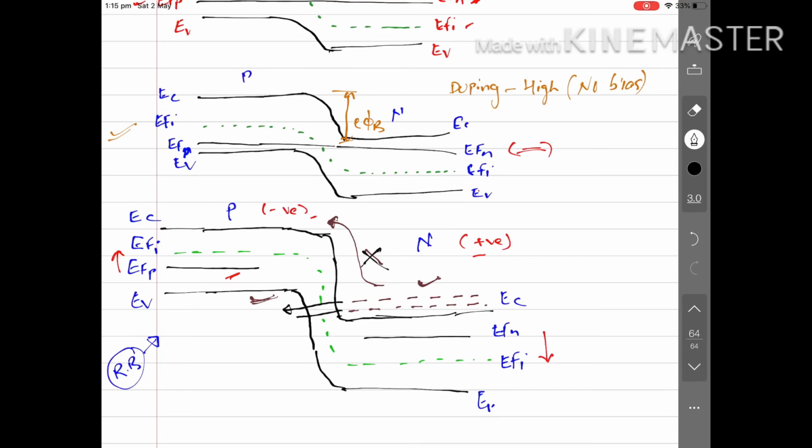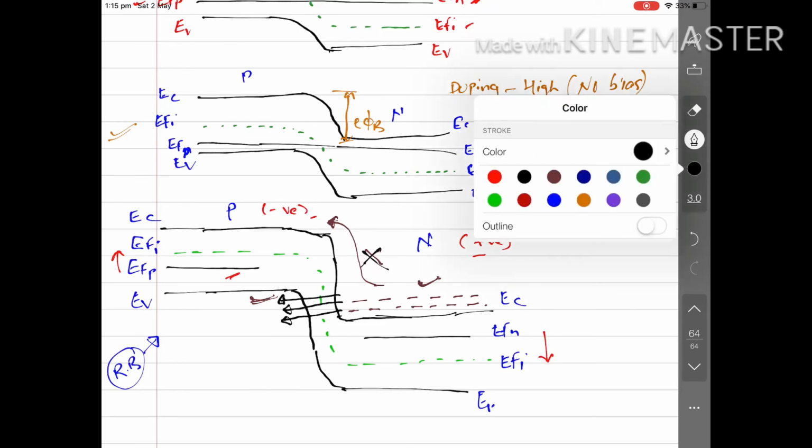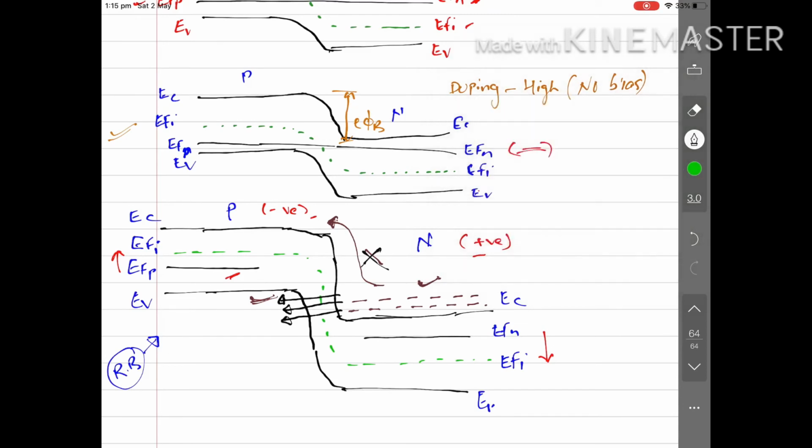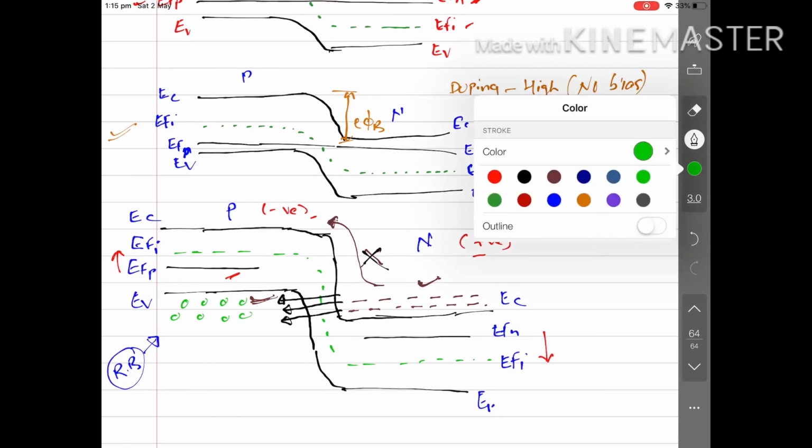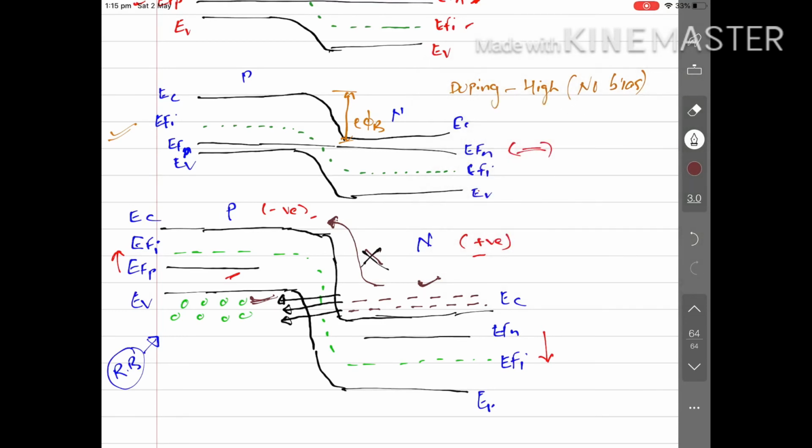So that way electrons move from the conduction band to the valence band, and they recombine with the holes present in the valence band. This type of movement is known as tunneling.